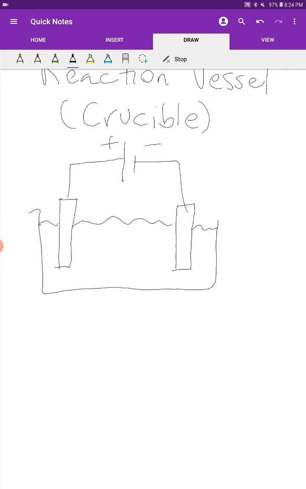Now remember, we said the electrolyte has to be either something that's aqueous or something that's liquid. Now, this is your very basic electrolytic cell. So, this is the vessel, the crucible. These are your electrodes. This is your battery.